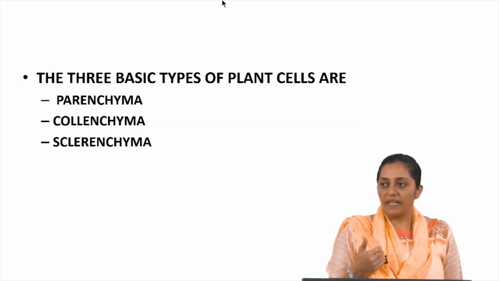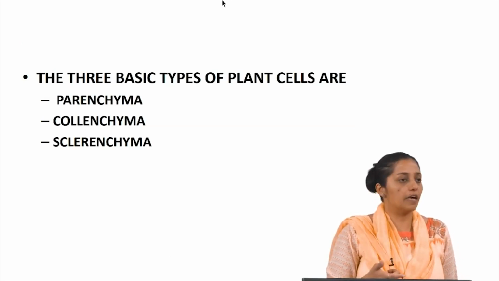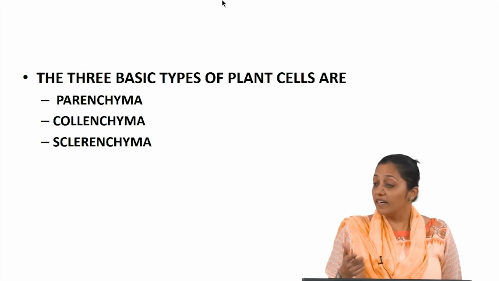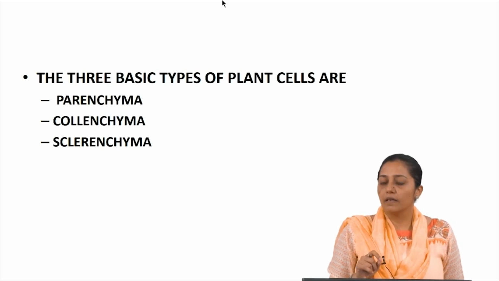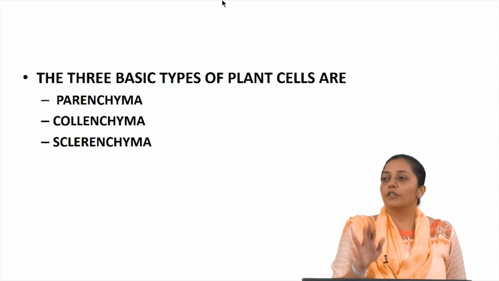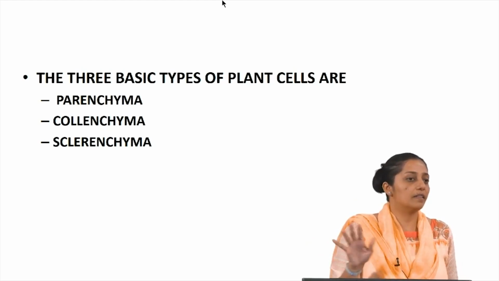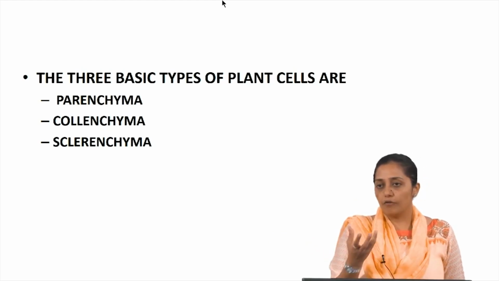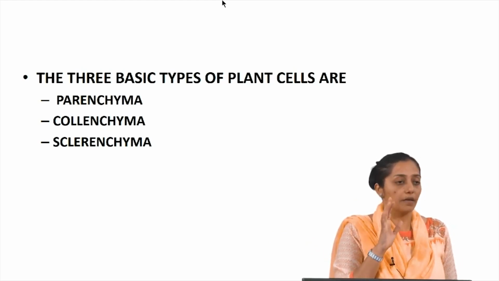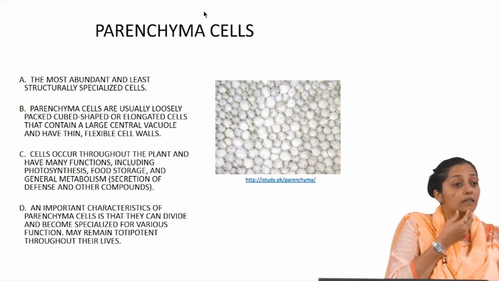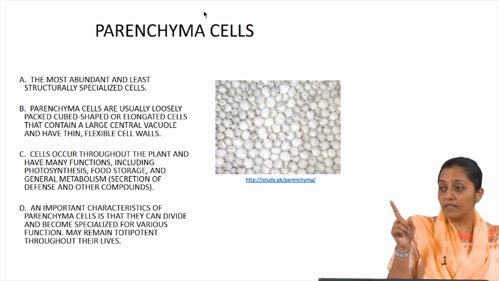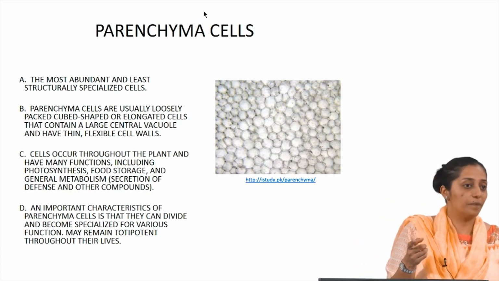Now there are three different kinds of plant cells. One is parenchyma, then sclerenchyma and collenchyma. Talking about parenchyma cells, they are the majority of cells present in the plant. They form the mass of the cells of the plant. Parenchyma cells are those totipotent cells which we keep referring to.